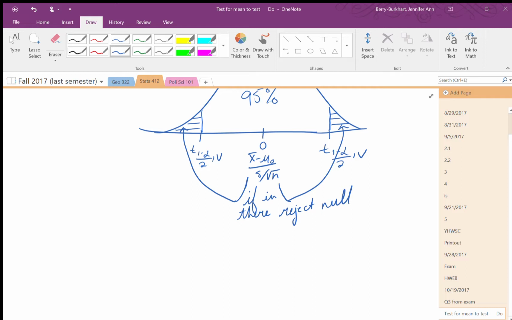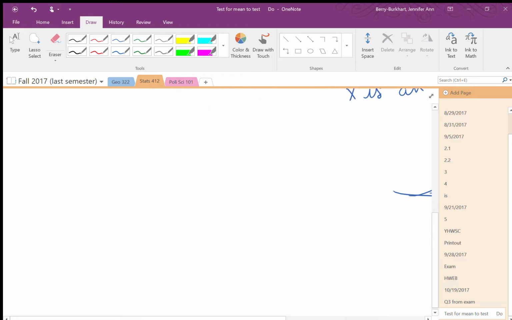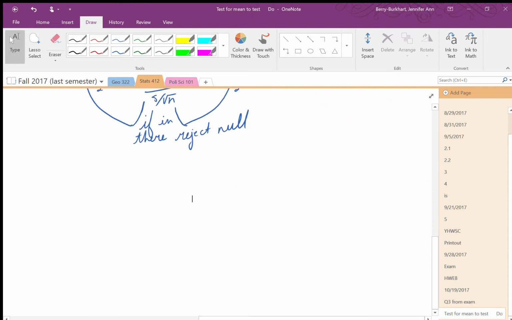If this is true, this implies, or alternately, in one, we reject H naught if the absolute value of x bar is less than t 1 minus alpha over 2 nu, right?